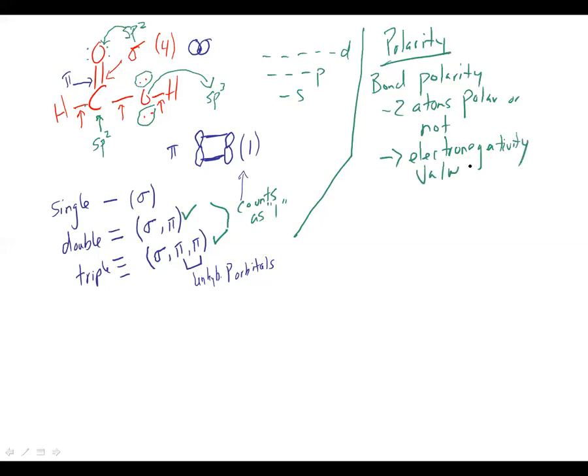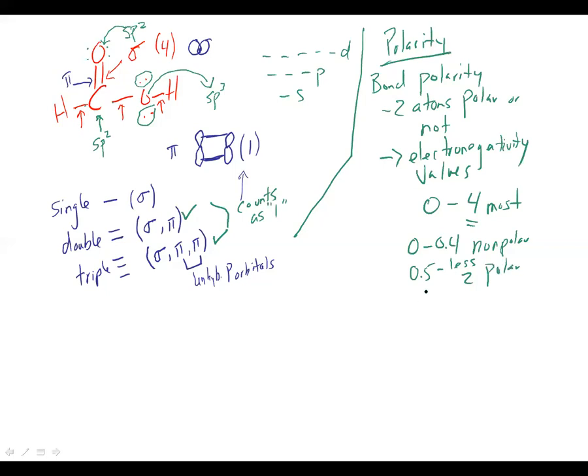And if you remember, those values ran from 0 to 4, 4 being the most electronegative, 0 being not so much electronegative. And those differences where you have a difference of 0 to 0.4, that's considered nonpolar. Something above it, so like 0.5 to less than 2, is considered a polar bond.